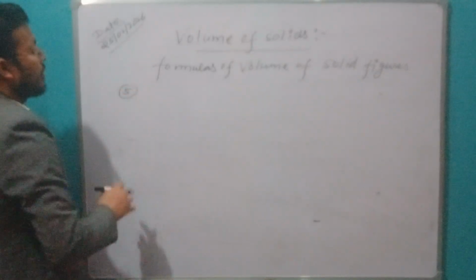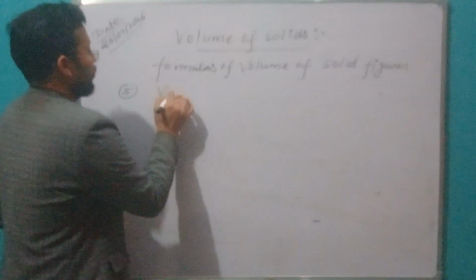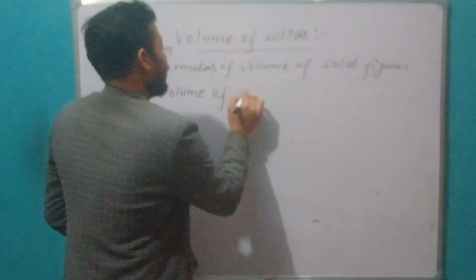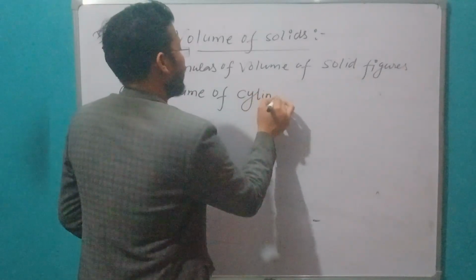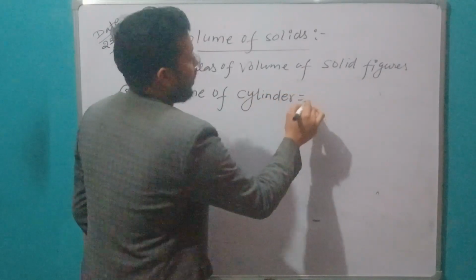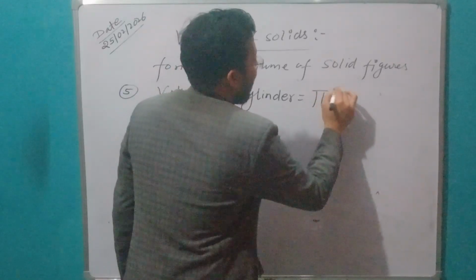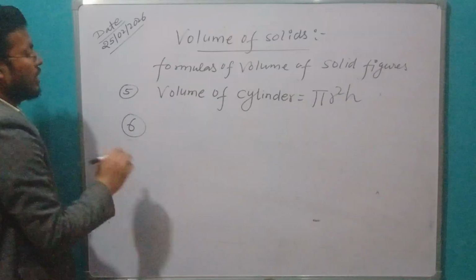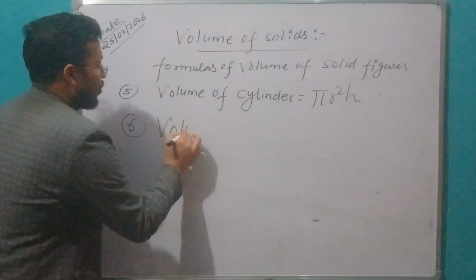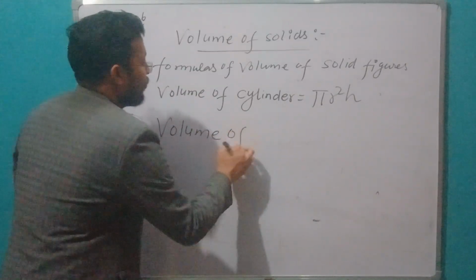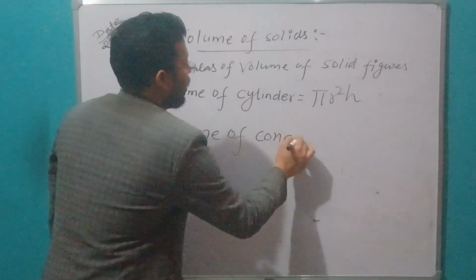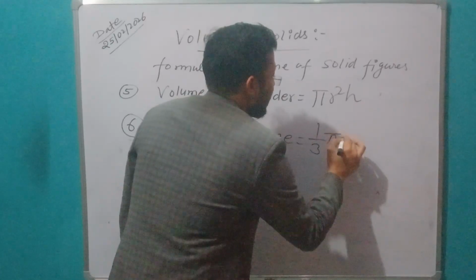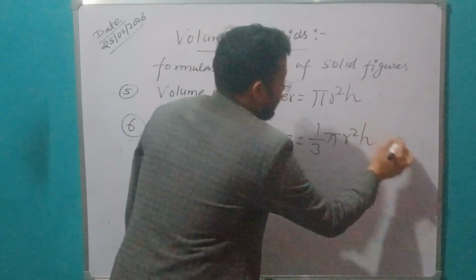The fifth formula is the volume of a cylinder: πr²h. The last basic formula is the volume of a cone, which is 1/3 πr²h.